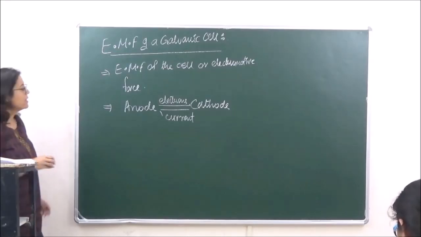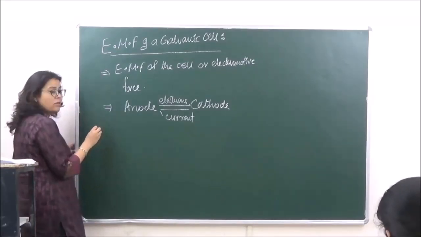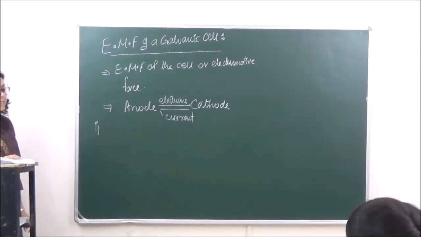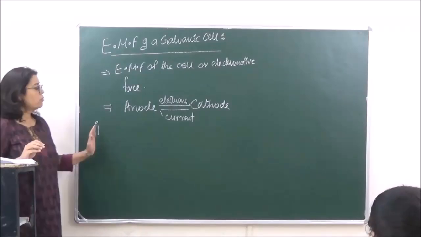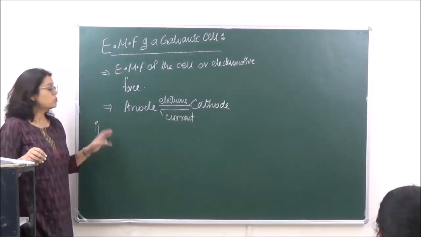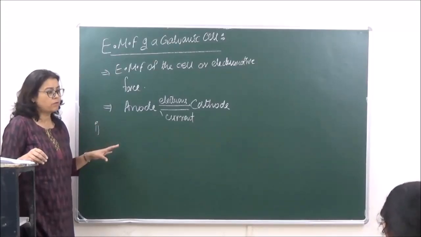To calculate the EMF of a cell, there are three different methods. This is very important because we are going to link our next topic with this, so it is important for us to know how to calculate the EMF of a cell.